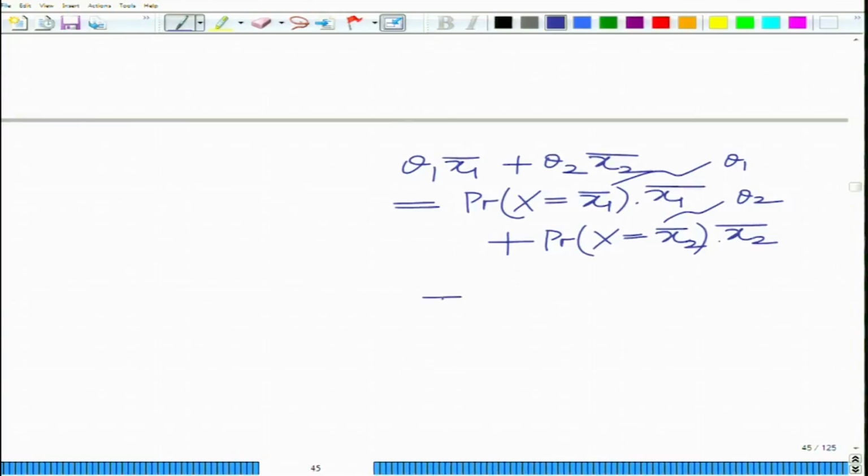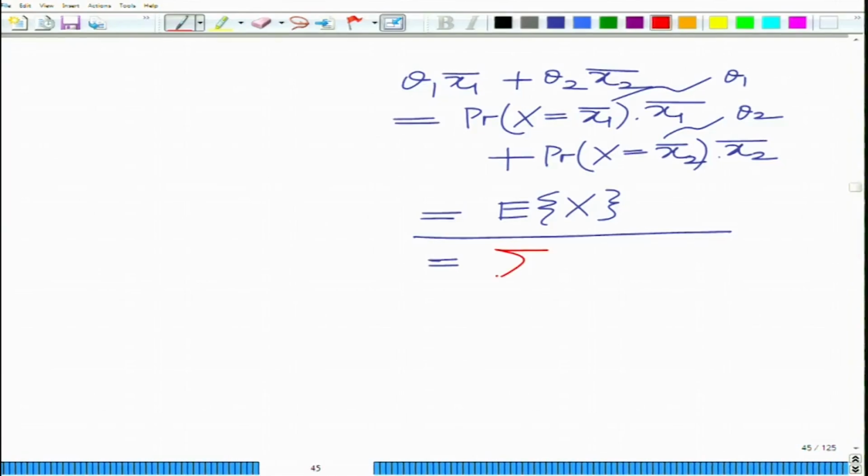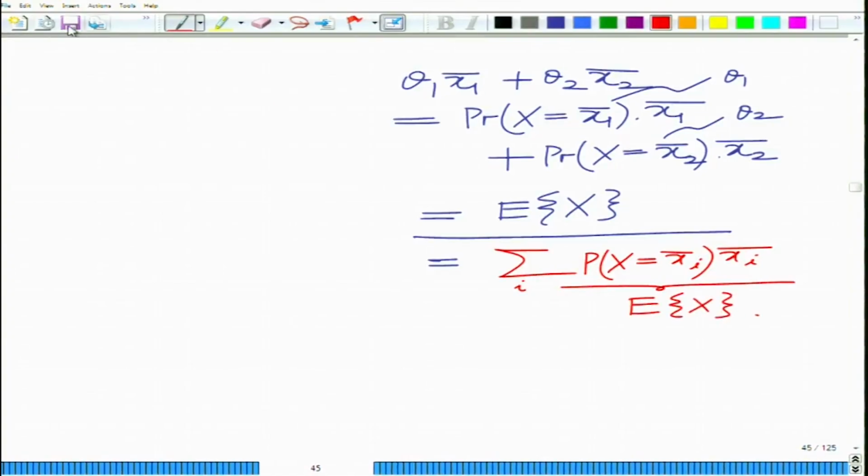And therefore, this is nothing but the expected value of the random variable x, because remember what is expected value? Expected value is nothing but you take each possible value, multiply it by the corresponding probability and sum. That is, summation over i of probability x equals x bar i times x bar i. This is the definition for the expected value of x.